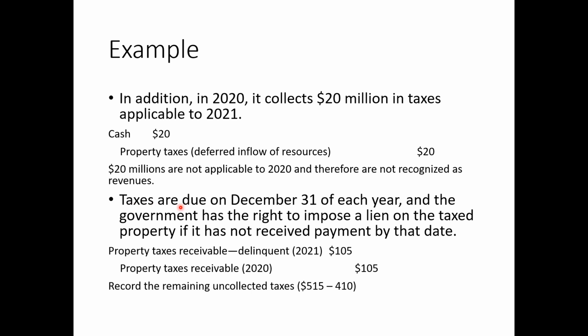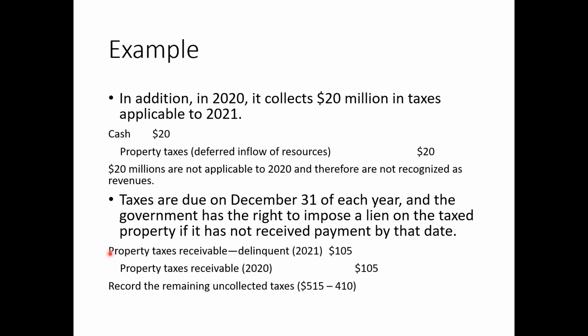Taxes are due on March of each year, and the government has a right to impose a lien on the taxed properties if it has not received payment by that date. So what's going to happen then? Remember, we levied $515 million and we only collected $410 million by the end of the year.